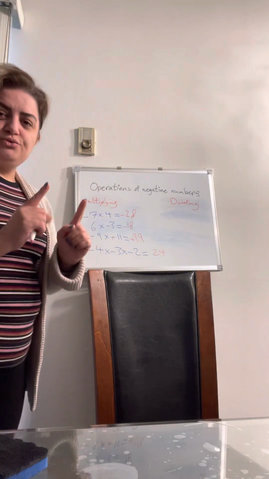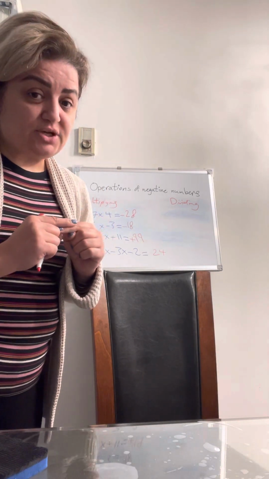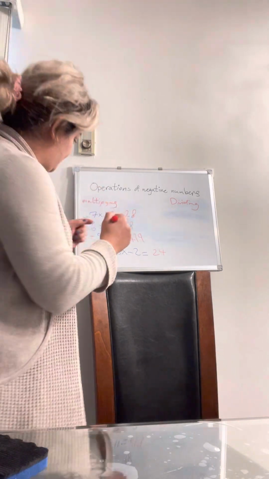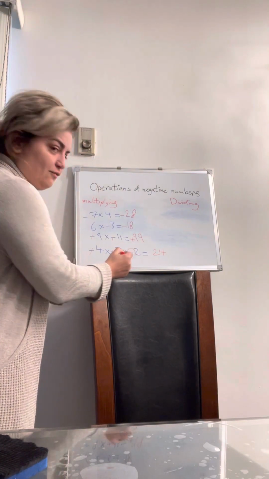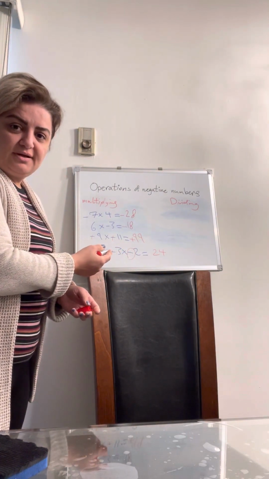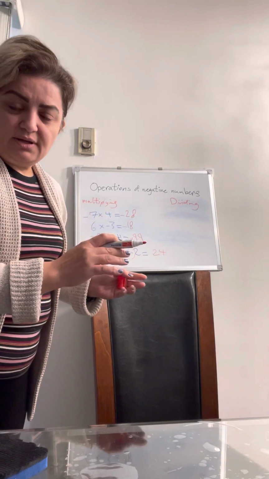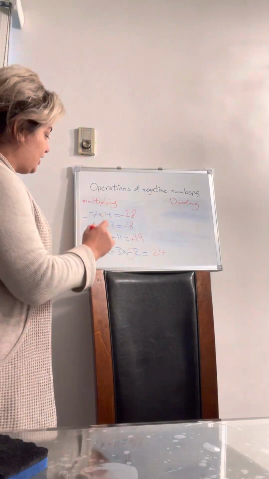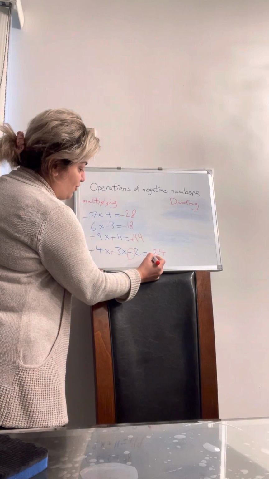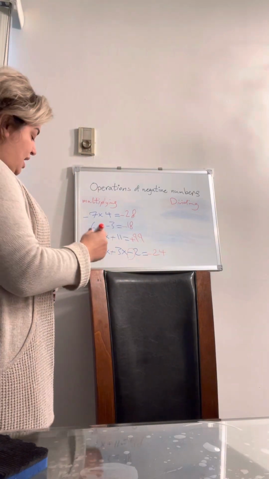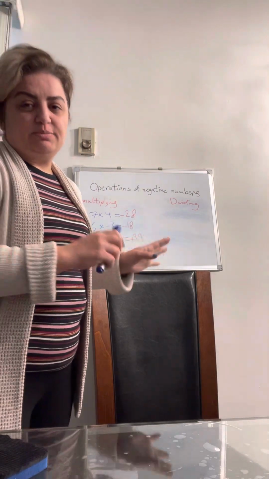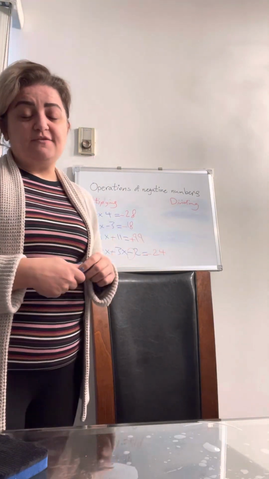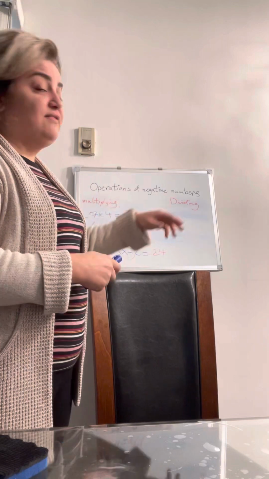Two negatives cancel each other and become positive. And we have one negative alone, no friends besides it. It should come before our answer. And now this is for the multiplying examples.